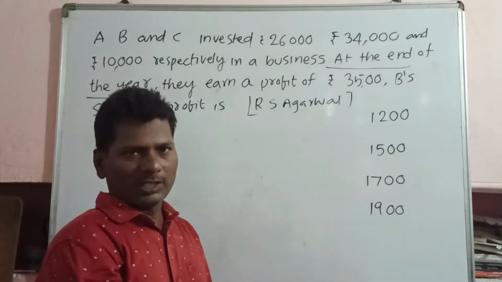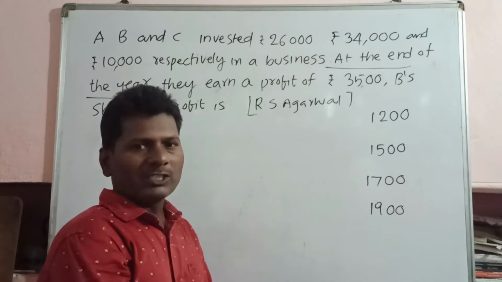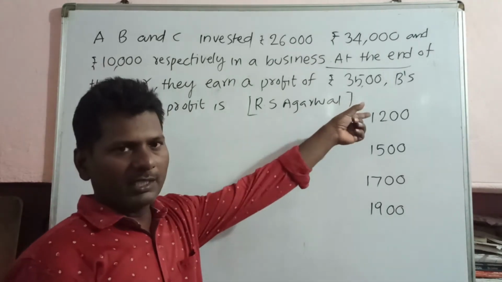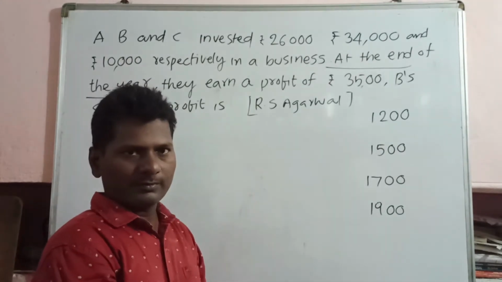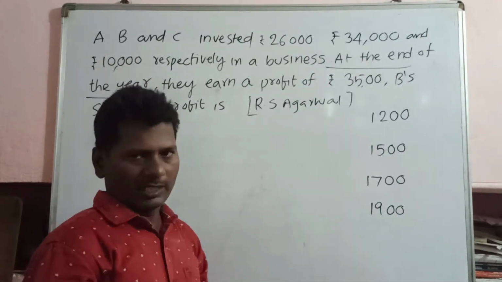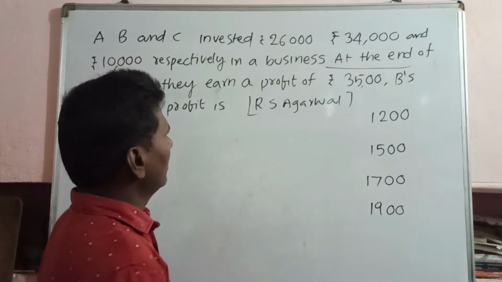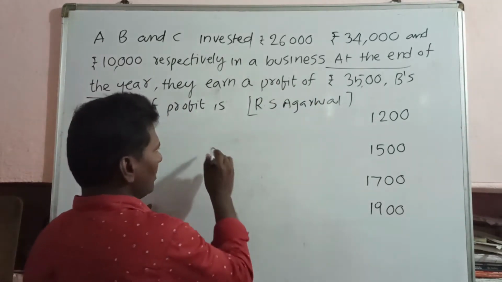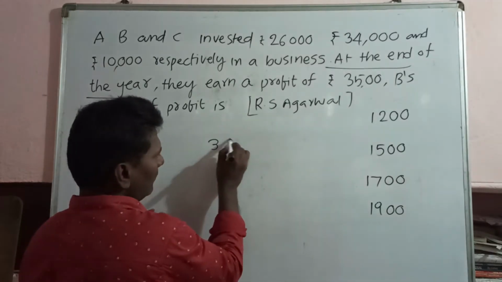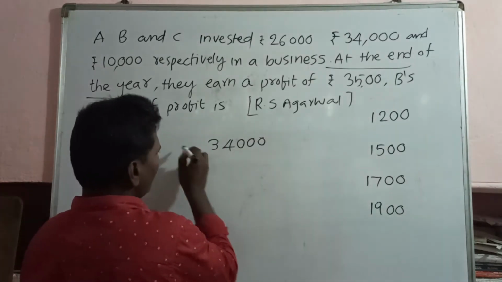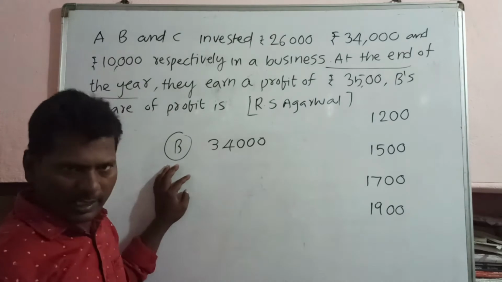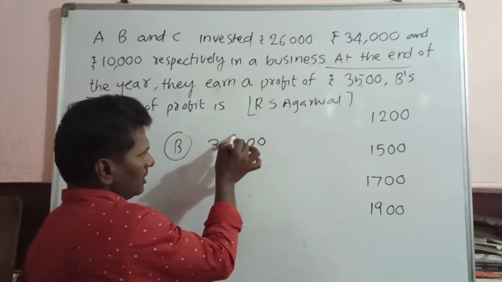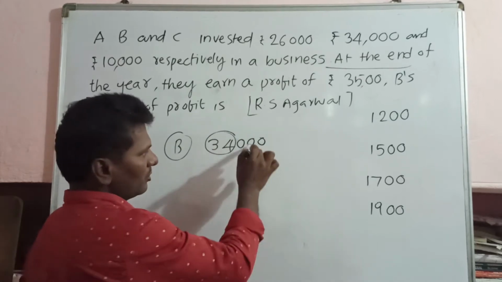Let us solve this question in advanced method. Here B's share we have to find out. To find out B's share, here observe B's investment. B invested 34,000. Here this number is important, not zeros.